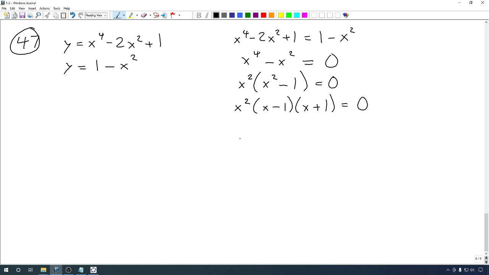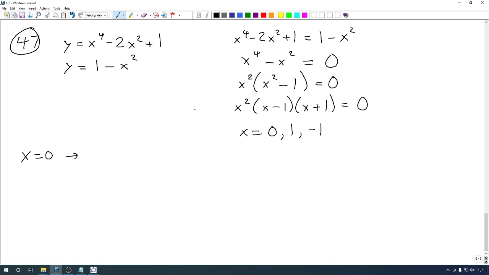We could have x is equal to 0. We could have x is equal to 1. Or we could have x is equal to negative 1. Those are the possibilities. Now, I do need to figure out what particular y values correspond to those. If x equals 0, that means that when I plug it into either one of these, and I'll pick y is equal to 1 minus x squared, because it is the simpler of the two.